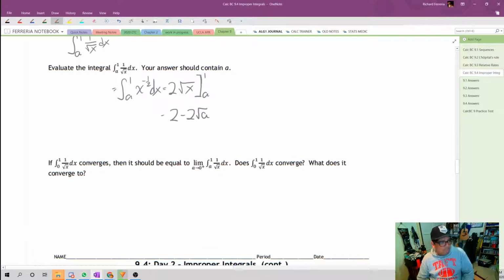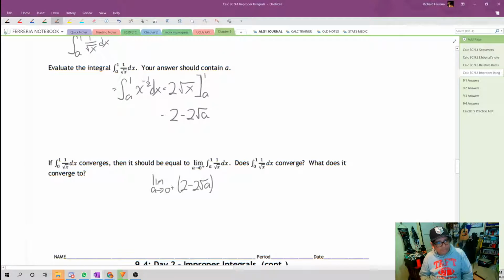Now, if the integral from 0 to 1 of 1 over root x converges, then it should be equal to the limit as a approaches 0 from the right of the integral from a to 1 of 1 over root x. Basically, let's take this limit. The limit as a approaches 0 from the right side of 2 minus 2 root a.